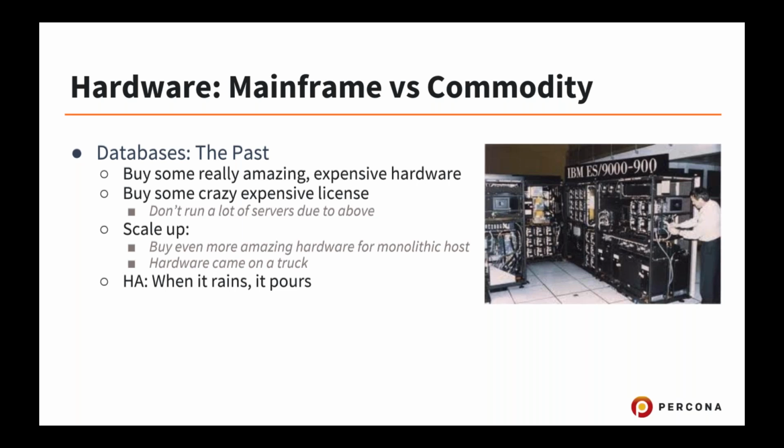Also, in HA perspective, when it rains, it pours, I like to say, because if you only have 3 vertically scaled servers versus maybe 12 horizontally scaled cheaper servers, the HA is affected drastically because losing one node is a 33% hit to your overall capacity.